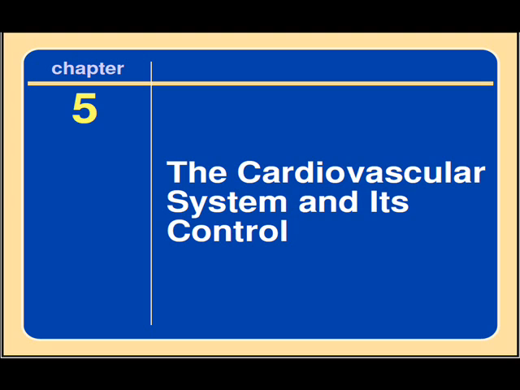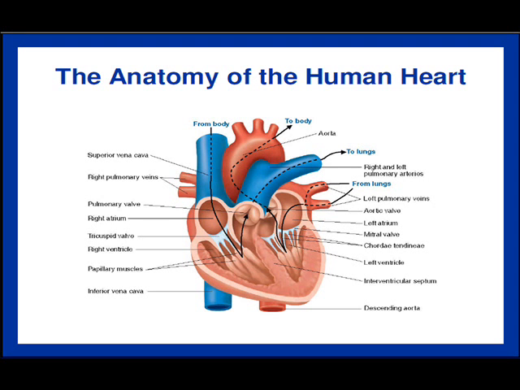Like I say, this should be a recap for all of you from your physiology and anatomy classes, certainly the anatomy of the heart. Very quickly, if we trace the pathway of a red blood cell through the heart, we start at the right atrium. It goes into the right ventricle, and the valve it flows over is the tricuspid valve.